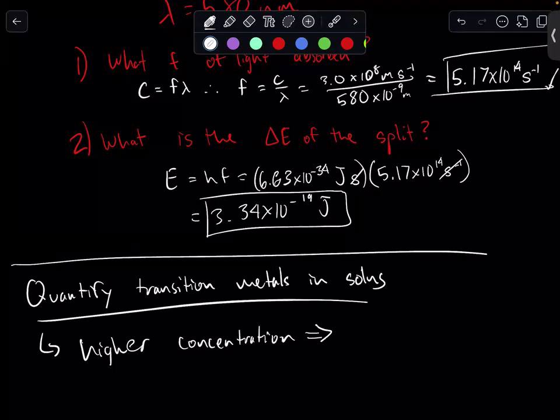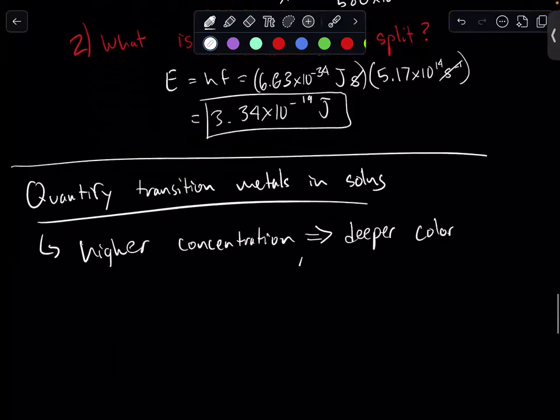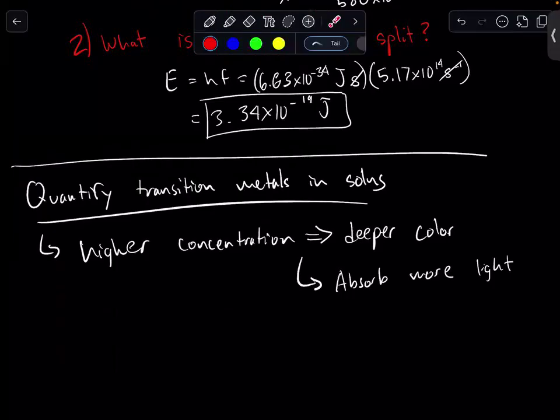We know that the higher the concentration, the deeper the color. It'll become darker. Therefore, it would theoretically absorb more light. If we have more d levels to split, more atoms that have done that splitting, we will all in all absorb more light into those d orbitals.